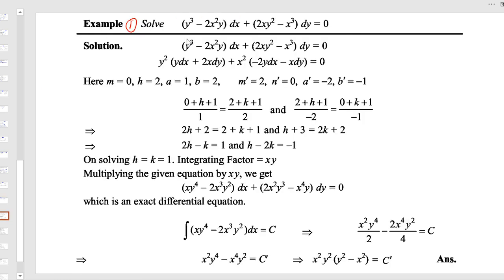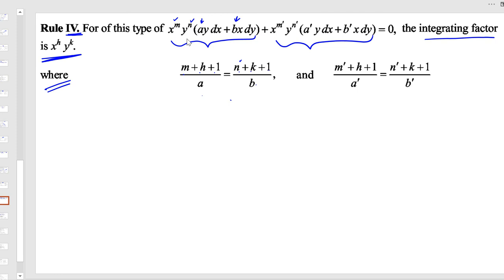So this will be clear if we have one problem. Here in this case, m, n, a and b are given. M dash, n dash, a dash and b dash are given. So in this case we have this relation satisfied. Here h and k are unknowns. We have to find them from here and here.